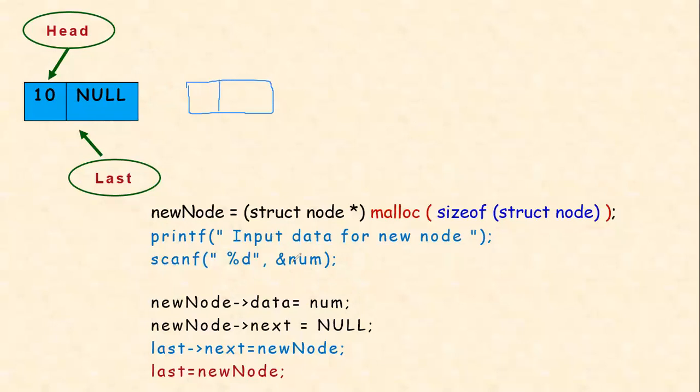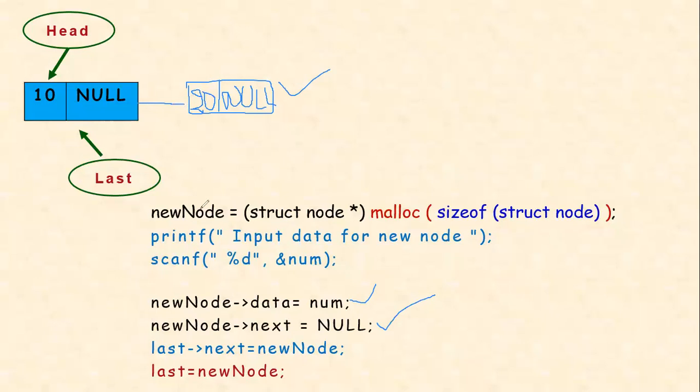And let us assume that I took a new value 20. Now, what is the new last node? This is the last node. After assigning the value, I have to keep null in this last node because there are no further nodes. And now I want to establish a link between these two.